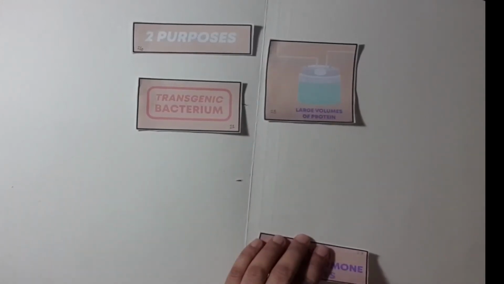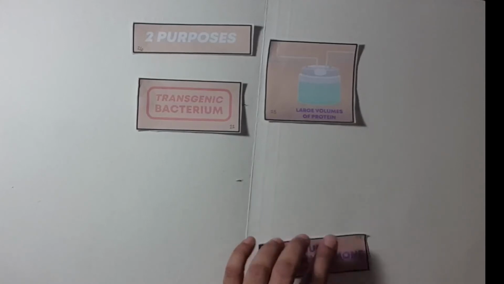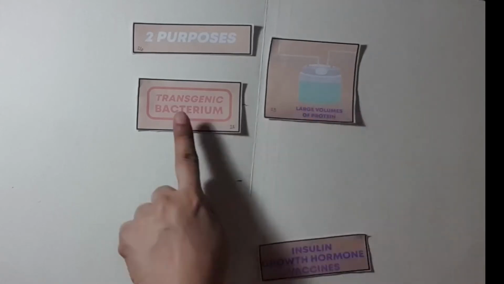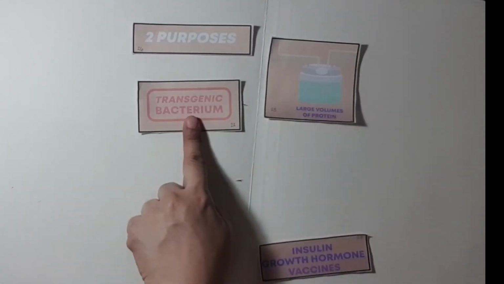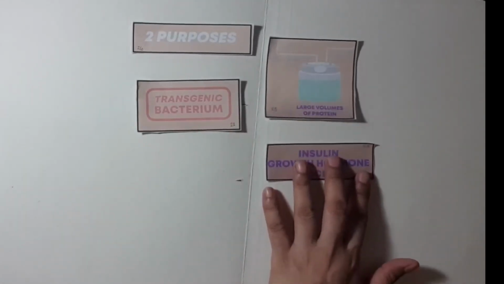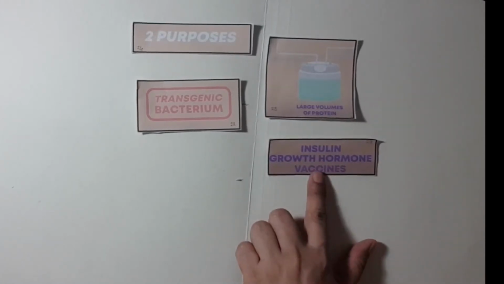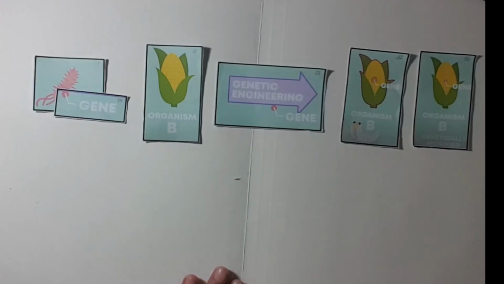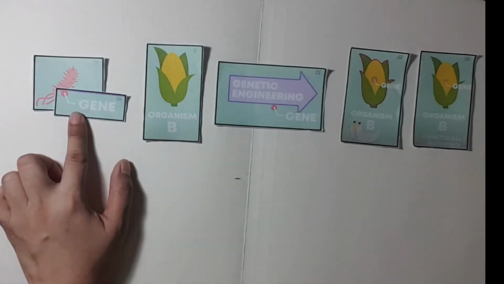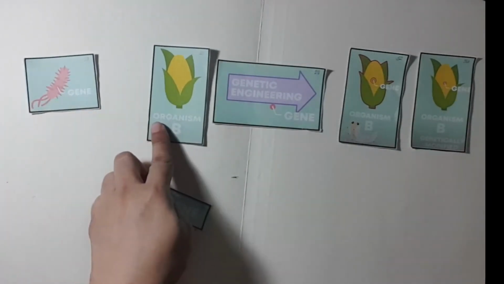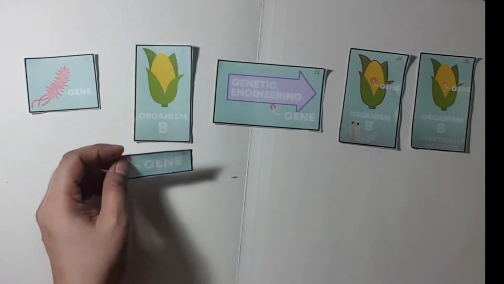There are two purposes of genetic engineering. Sometimes we require large volumes of a particular protein to be made. Scientists use transgenic microorganisms to produce large volumes of protein, for example, insulin, growth hormone or vaccines. An organism B can have a gene from a different organism introduced to give it some advantage that it does not have naturally.